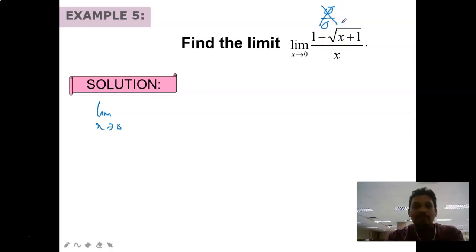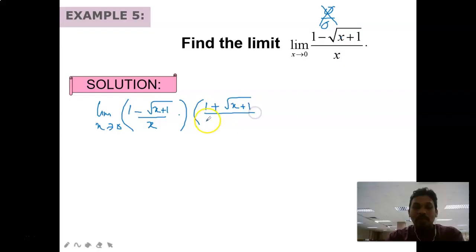Okay, so we avoid that. Now, 1 minus square root of x plus 1, divided by x. We multiply this with 1 plus square root of x plus 1, divided by 1 plus square root of x plus 1.